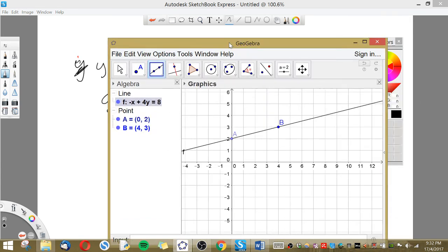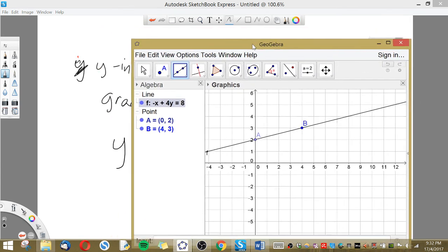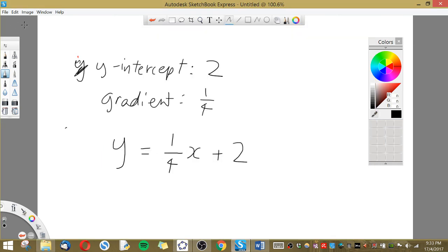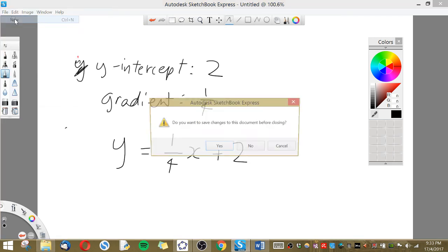Alright, so now that you know how to find the equation of a line, let's go through several simple examples first. Let's just do one more.